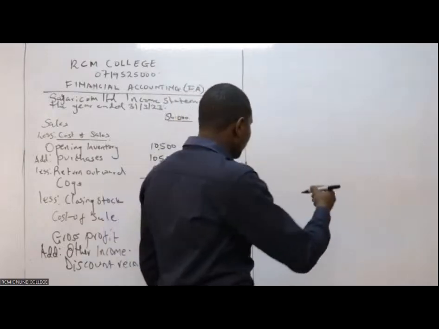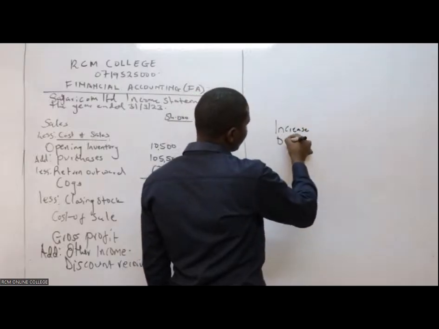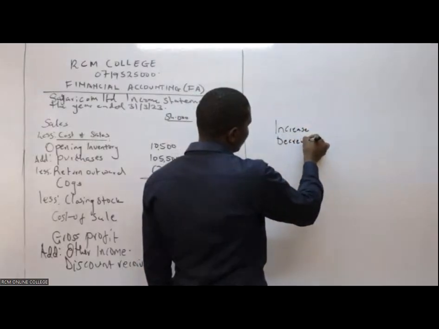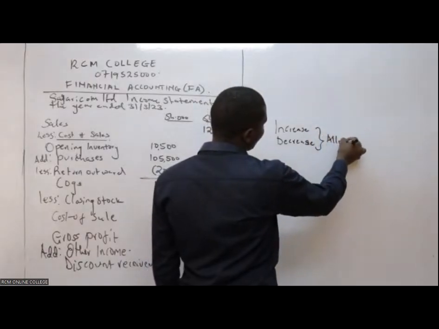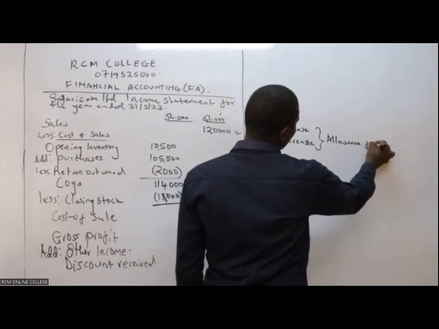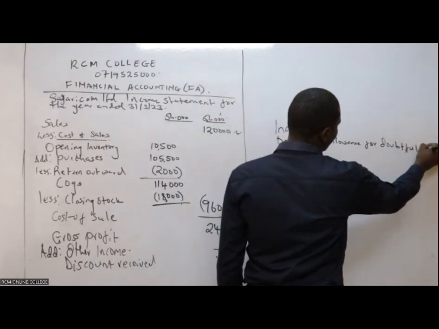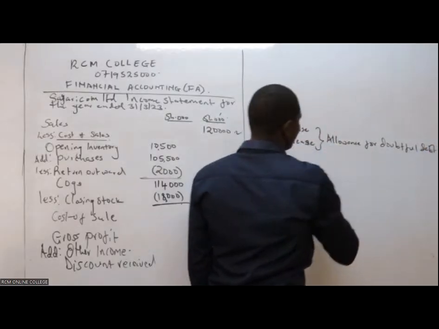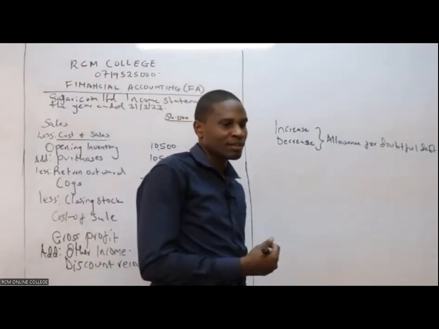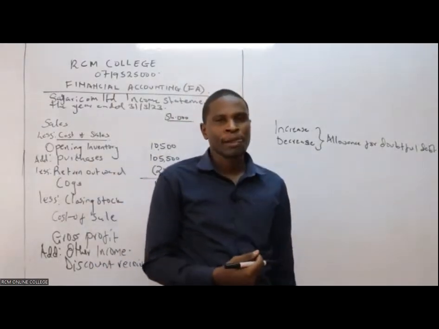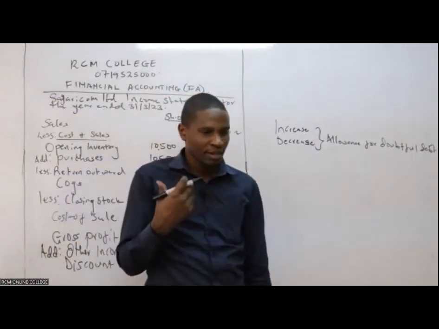We have increase and decrease in allowance for doubtful debt. Between the two, which one is an income and which one is an expense?